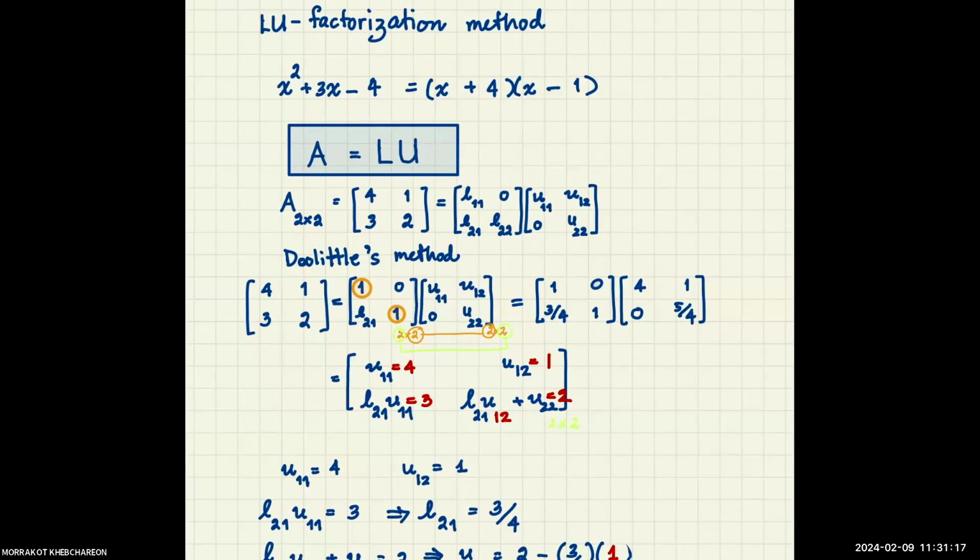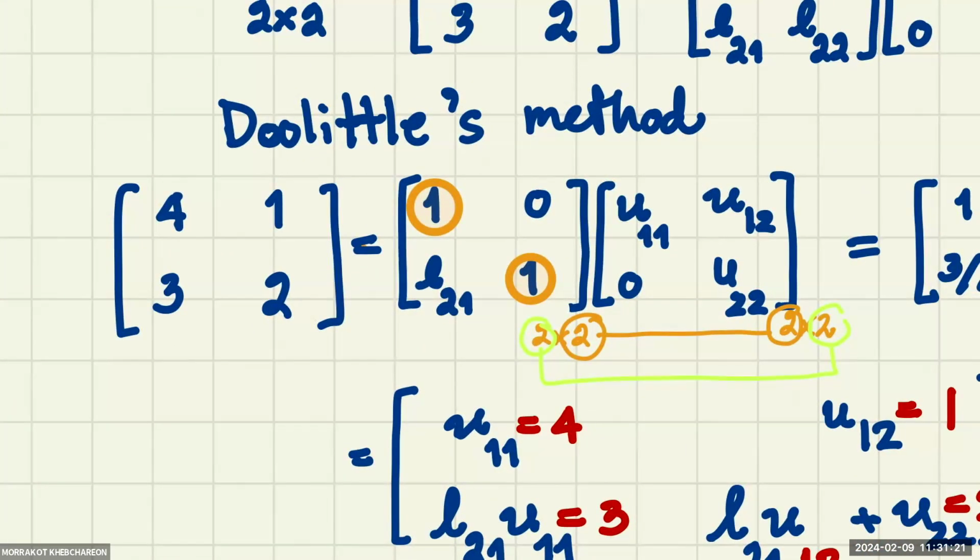L is the lower triangular matrix. For Mr. Doolittle, Mr. Doolittle said that, okay, if we want to do it, I want to fix the matrix L as the unit lower triangular matrix. When we say unit, it means the elements along the diagonal equal 1. Why do we do this? Because it makes life easier. People may say, why not 2?